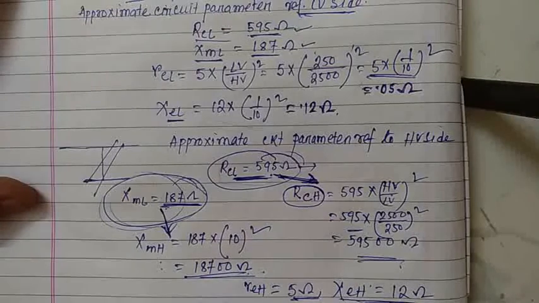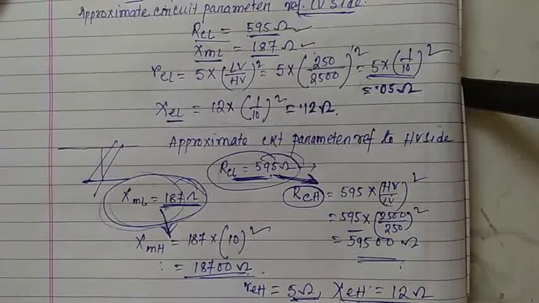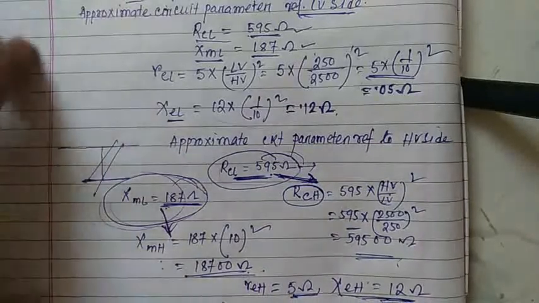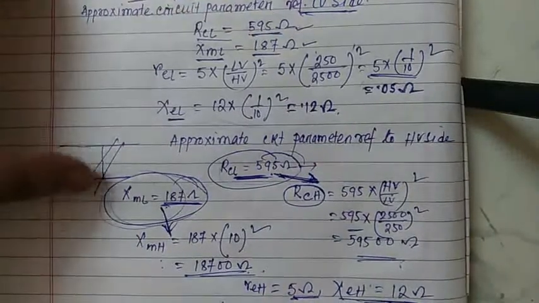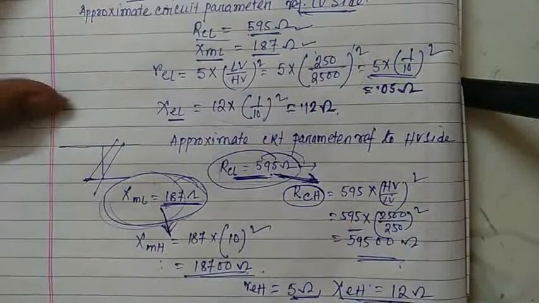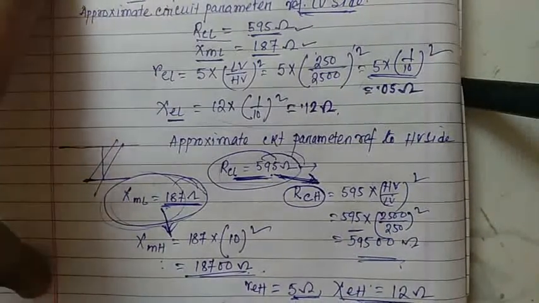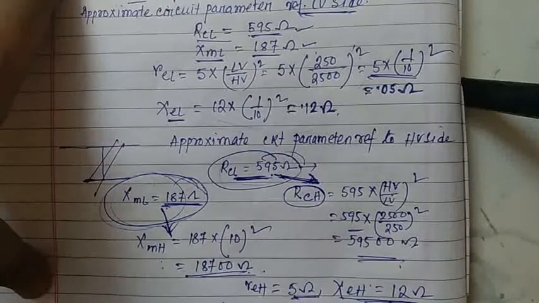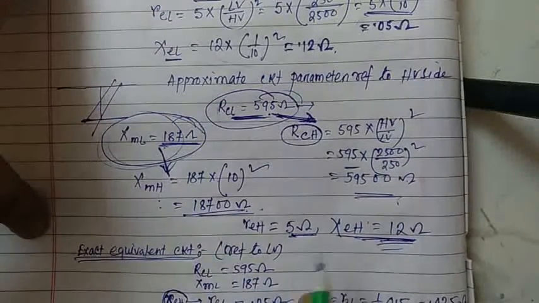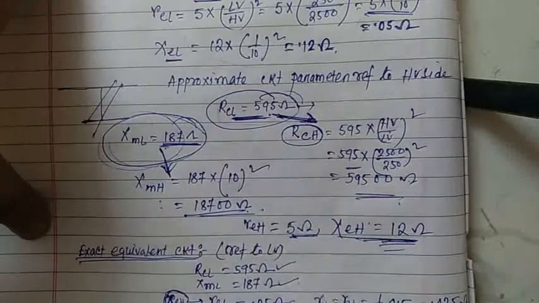Now the exact equivalent circuit. Suppose we are calculating the exact equivalent circuit referred to the low voltage side. The low voltage side core resistance and core reactance are 595 ohm and 187 ohm respectively.